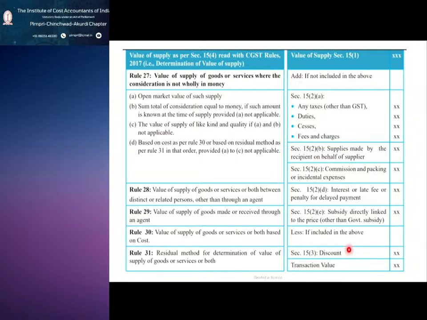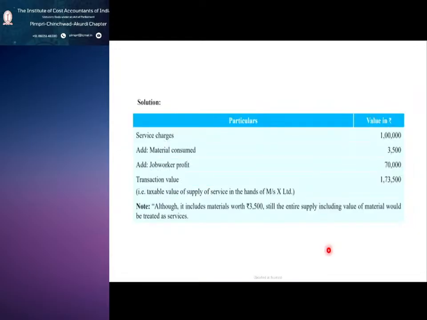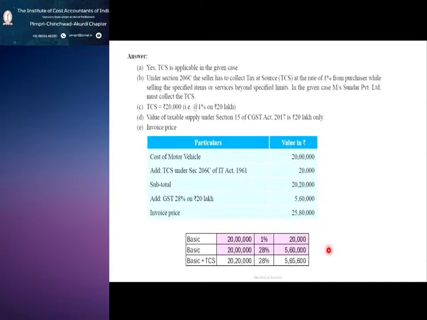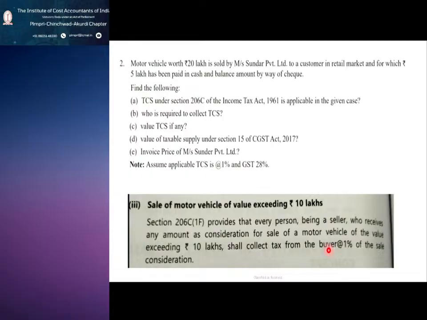We have seen some examples also in the last class. Let's see how it relates to TCS also. You can refer to our study material for the same. What is the effect of TCS for GST purposes? In the last class we have not seen TCS, so we will see how to treat it if TCS is applicable.